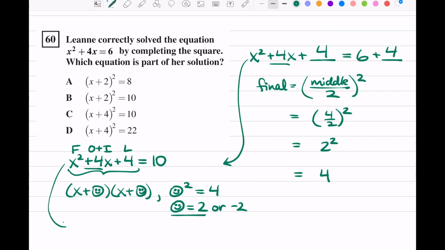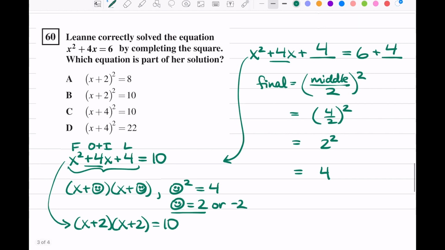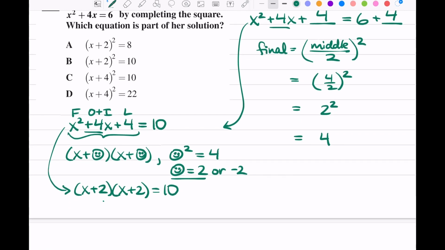So now we can turn our original equation into x plus 2 times x plus 2 equals 10. And the left side we can condense into x plus 2 squared. And looking at our answer choices, that would be option B.